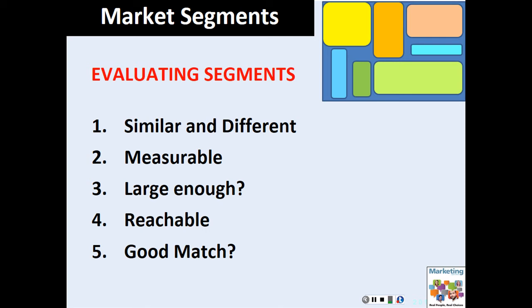I should not select that segment as my segment. Or if I'm Nordstrom, for example, or an Anthropologie store, then I should not select price sensitive consumers. But on the other hand, if I'm Walmart, I should not target status conscious consumers. That's very important. This is what we mean by, is there a good match between what I'm offering and the segment.